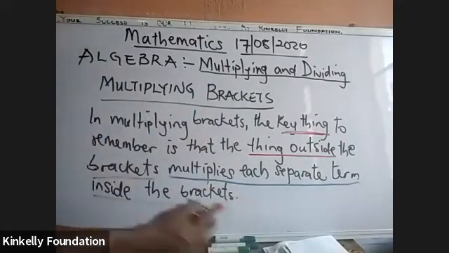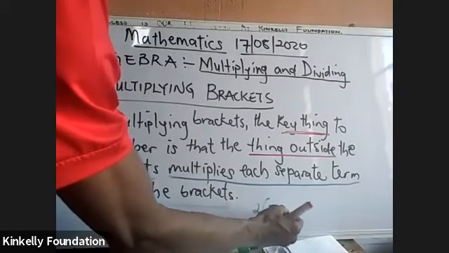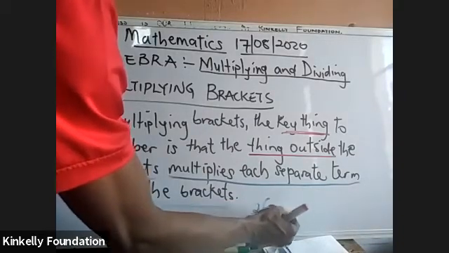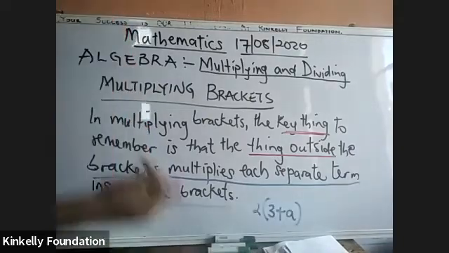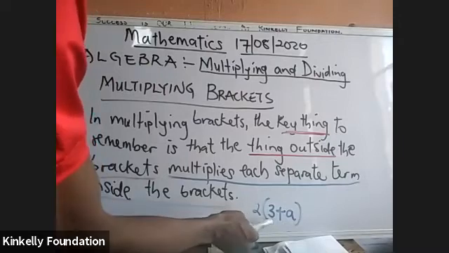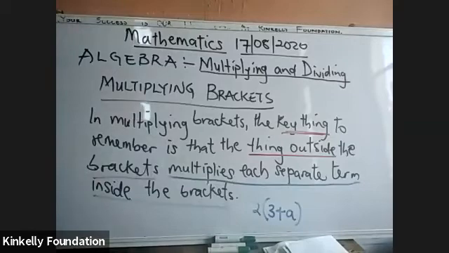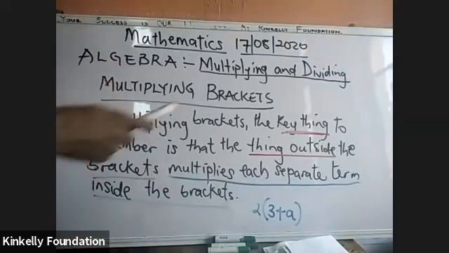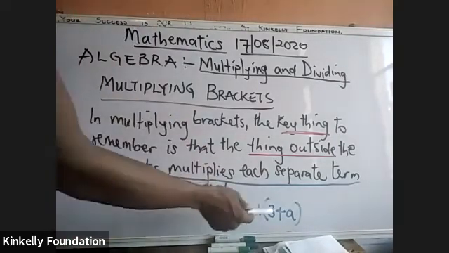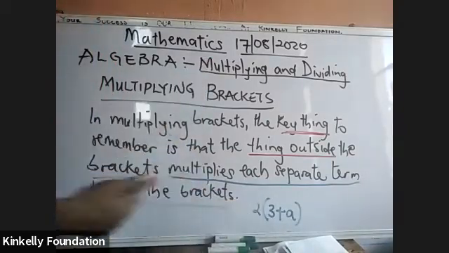Look at what we mean. If we have 2 bracket 3 plus a, it means that this 2 multiplies this one, and this 2 multiplies this one. This is what we mean by saying that anything outside multiplies everything inside the bracket.